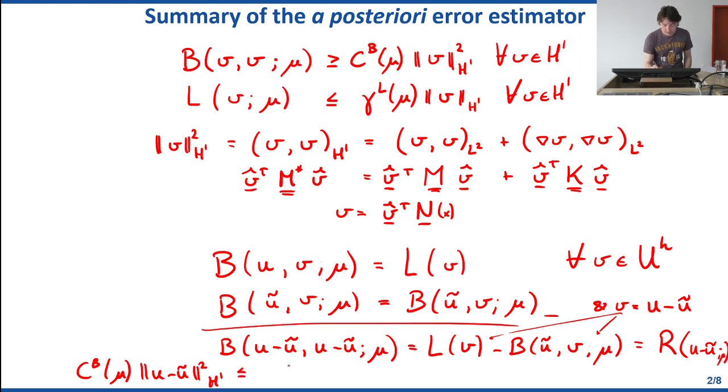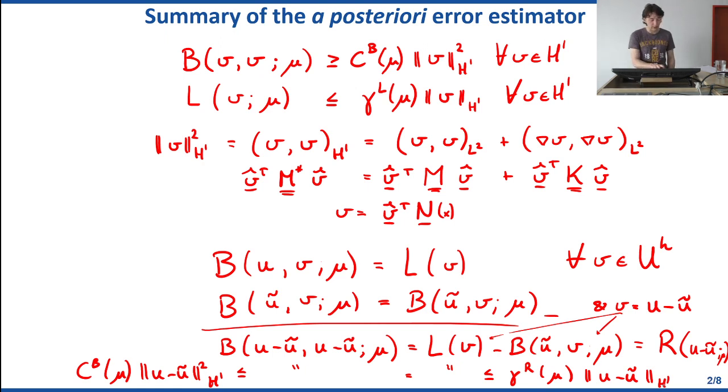That is going to be smaller than or equal to, well, this, which is equal to, well, that, which is going to be smaller than or equal to, and then we have the second statement, and specifically applying that to the residual. The residual is also a linear form acting on v, so we get gamma, and then I'll use r to indicate this is for the residual, at mu, times the norm of v. What is v? Again, that's u minus u tilde, measured in the h1 norm.